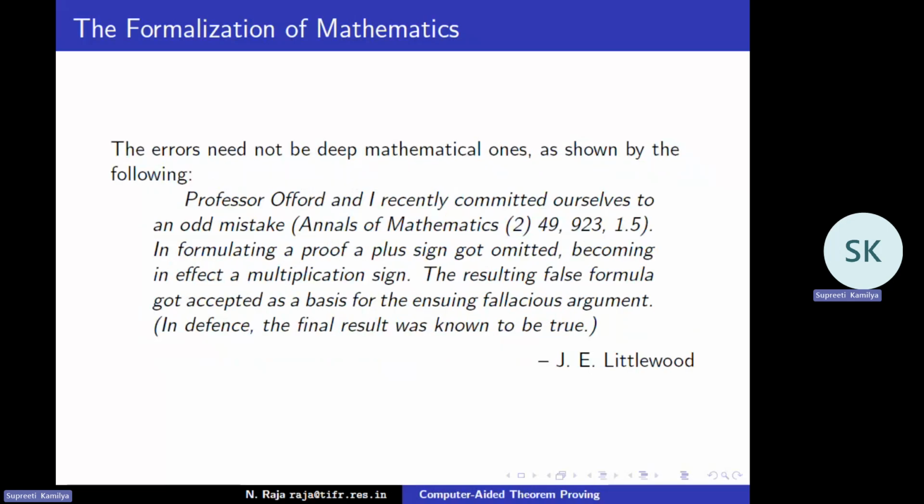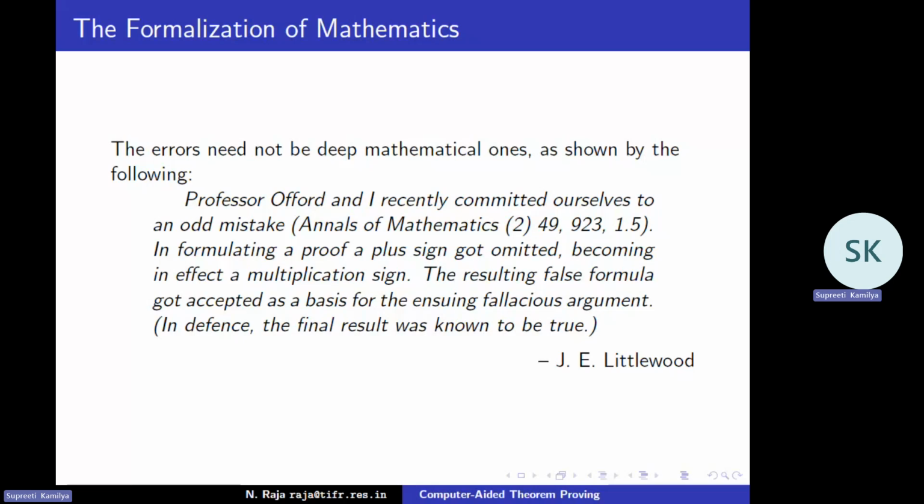So here is something from Littlewood, who was Hardy's collaborator. He says that when he wrote a paper for the Annals of Mathematics, in formulating a proof, a plus sign got omitted. It became a multiplication sign, and the resulting false formula got accepted as a basis for some ensuing fallacious argument. I'm not talking about a beginning student in mathematics.